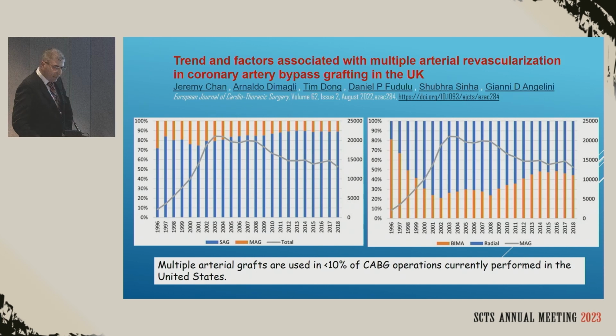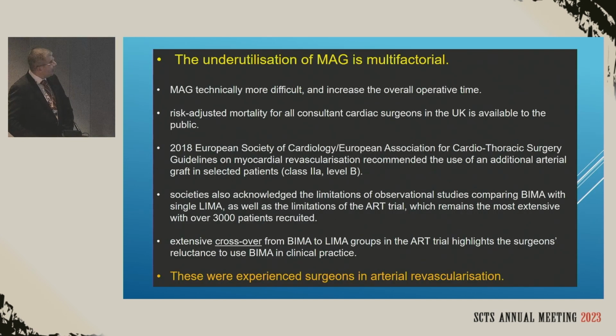However, in this study that we performed on the NAXA, this is a study by Jeremy Chen, who I see in the audience, one of our academic clinical fellows, it shows that actually from a quite higher rate of multi-arterial grafting in the 2000s, this has slowly decreased up to 2018 to around 10%, similar to the American data.